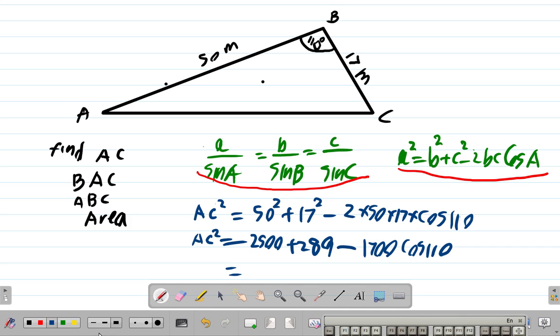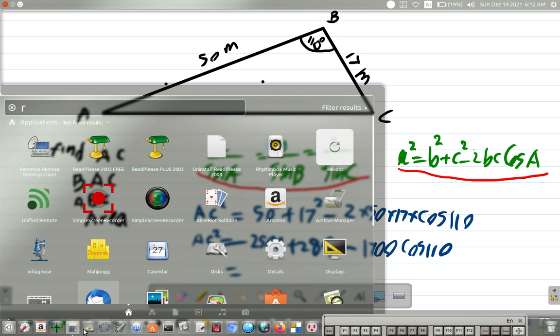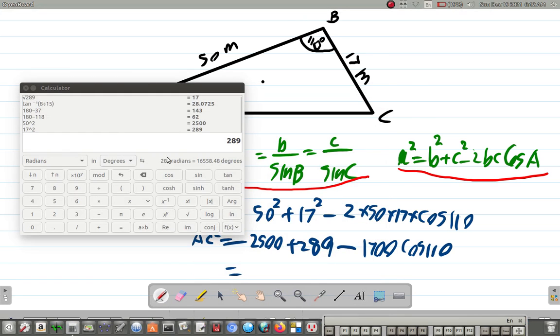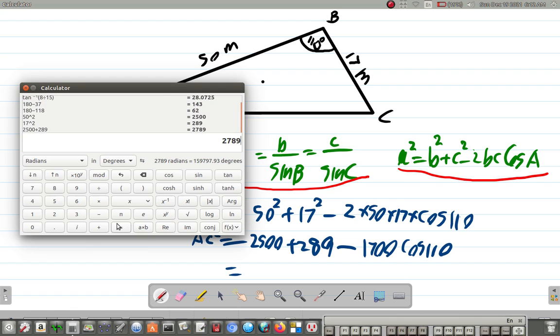So let's work this out as it is. We have 2500 plus 289 equals 2789.